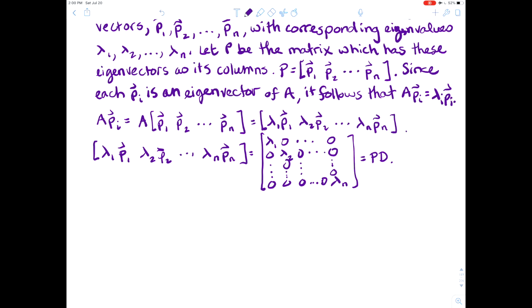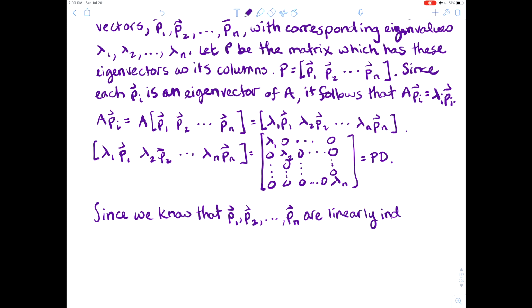Since we know that P1, P2, all the way down to Pn, those column vectors are linearly independent, it follows that, what do we know about that?